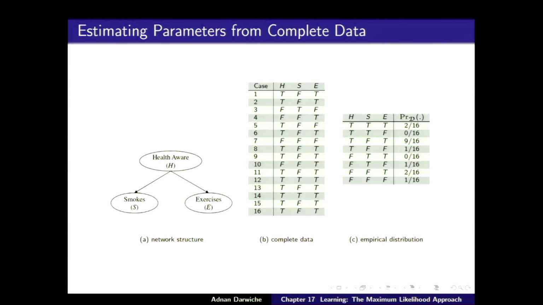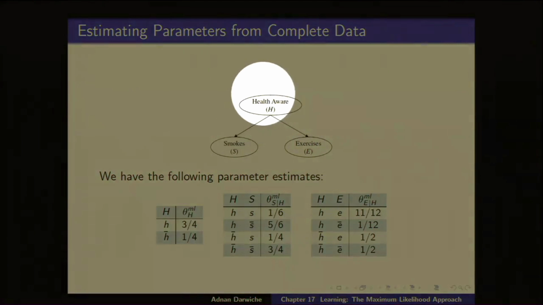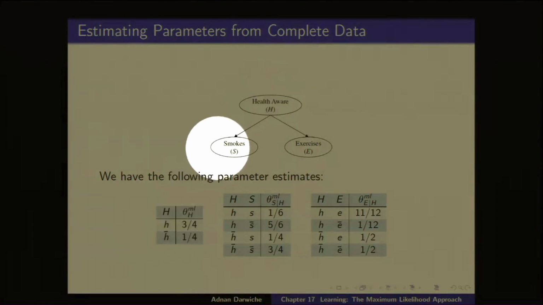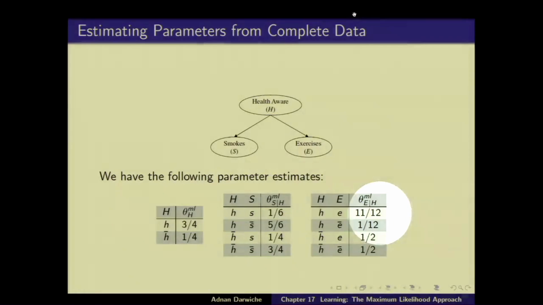Here's our running example again, and here are the estimates according to this equation, that is, the ones based on the empirical distribution. Remember, you need the CPT for this guy, one for this, here it is, and another for that guy. Again, these were obtained simply from the empirical distribution.